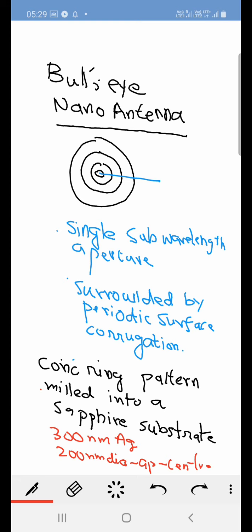So first milling of the sapphire substrate, followed by a 300 nanometer silver film, and then an aperture at the center of diameter 200 nanometer. This is the construction of the bullseye nano antenna.